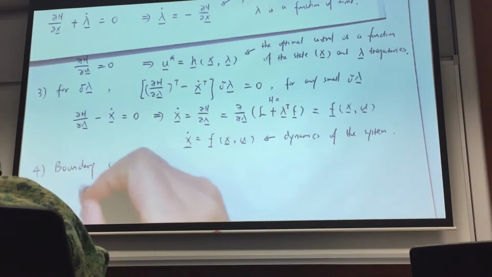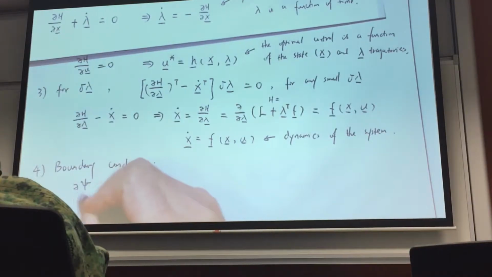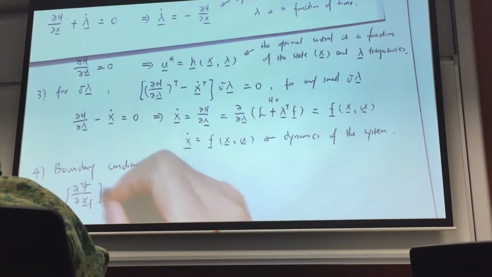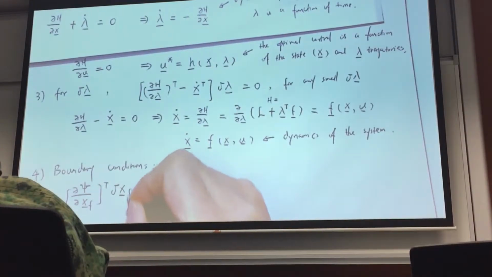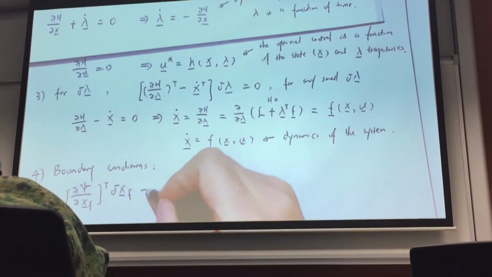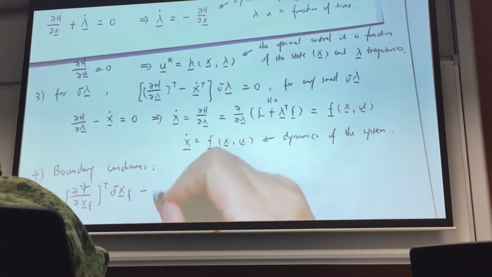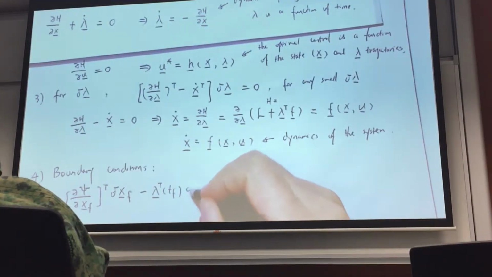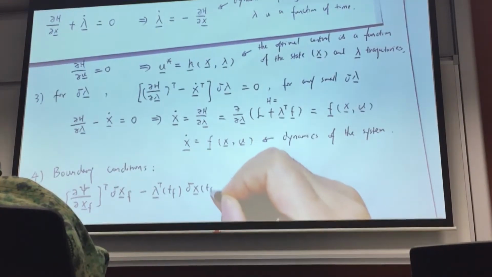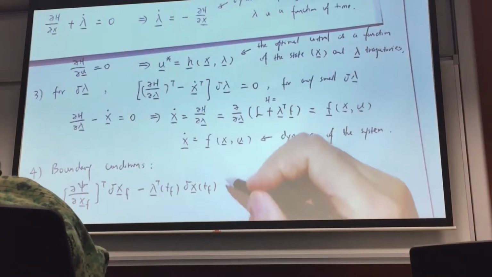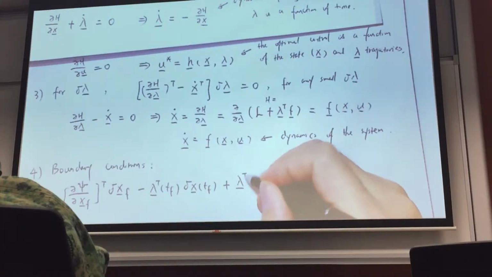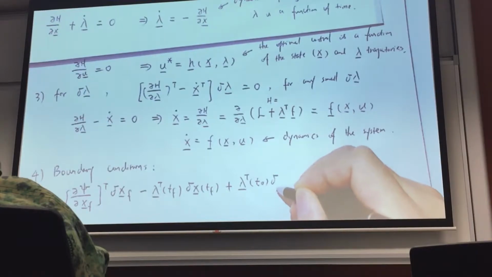But for the terms out of the integration, we need to deal with this d psi dxf delta xf, minus the second one, lambda f delta x at time tf, plus at the time of t0, lambda t0 delta x is 0.